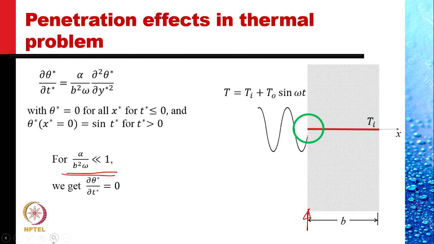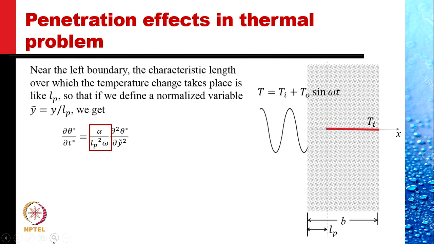So this area here is the area in which the temperature fluctuates. Near the left boundary, the characteristic length over which the temperature change takes place is like LP, a penetration distance.